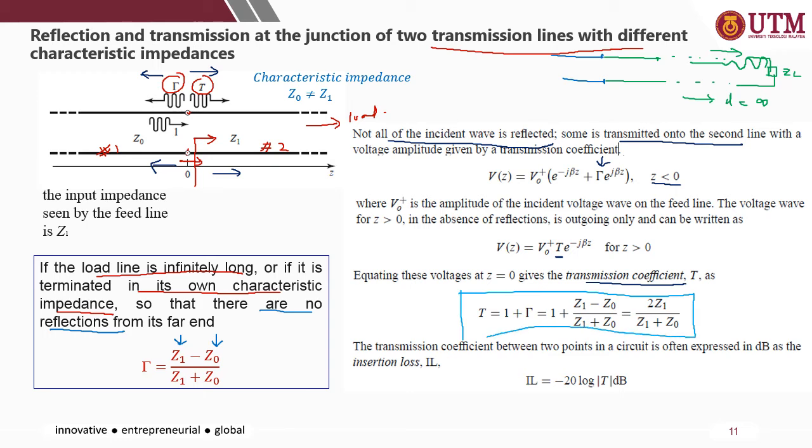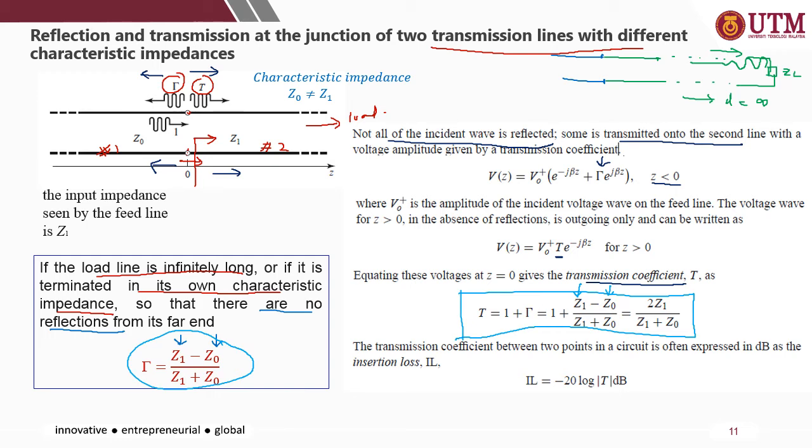which can be calculated as 1 plus the reflection coefficient. In this case, the reflection coefficient for two transmission lines connected together can be calculated by the second transmission line's characteristic impedance minus the first transmission line's characteristic impedance, divided by the sum of them.